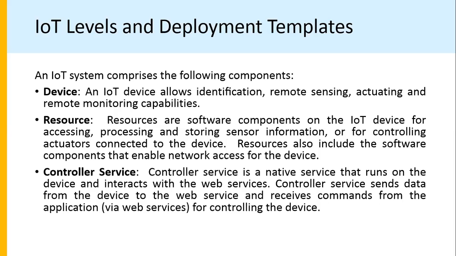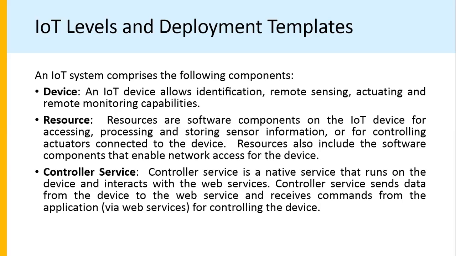It has the capability to act as an actuator. The device has the capability to sense data remotely. It also has the capability to give identification. So such devices are included in IoT systems. So this is regarding devices.